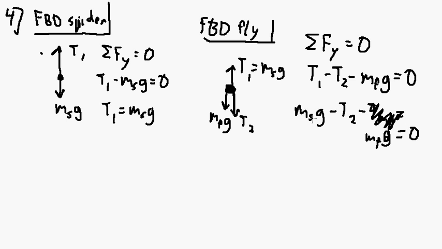Then we can bring the T2 over to the side: T2 equals g times the mass of the spider minus the mass of the fly. And then, guess what? We're done.